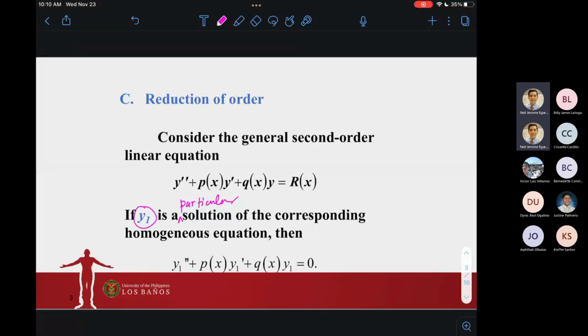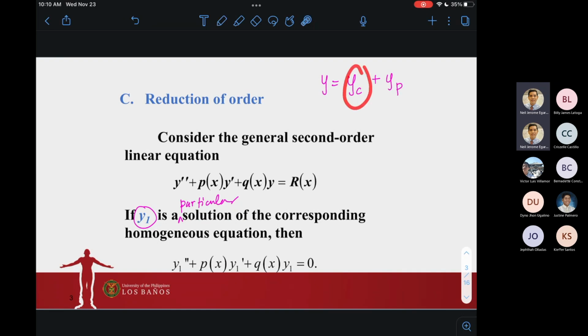Now, kahit sinasabi ng method of reduction of order, we start with a particular solution, you still need to find the general solution to the homogeneous GLDE. Kasi kailangan natin yung y sub c, yung general solution, kasi nga later, i-assemble natin yung general solution doon sa non-homogeneous GLDE. Ang form niya ay y sub c plus y sub p.